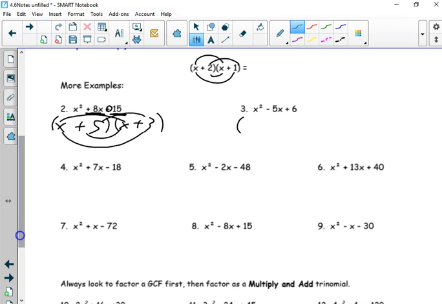Okay, this one's a little bit different. They're both going to start with x. Now we're looking for 2 numbers that multiply to 6, but add up to negative 5. Negative 3 and negative 2. Because remember, a negative times a negative is a positive. But since the middle number is negative, they both got to be negative.